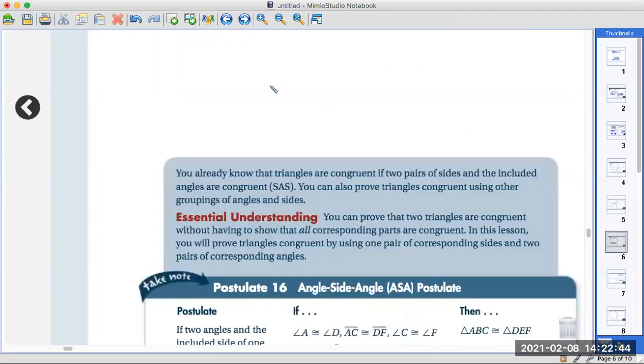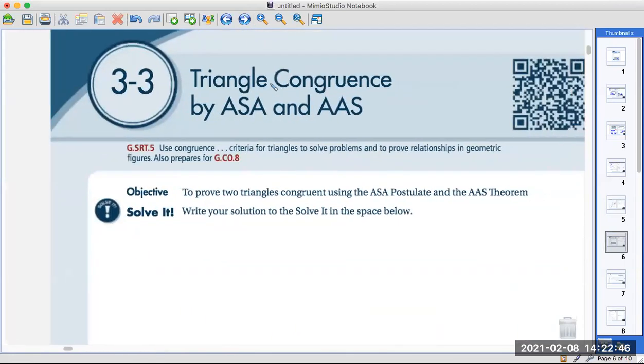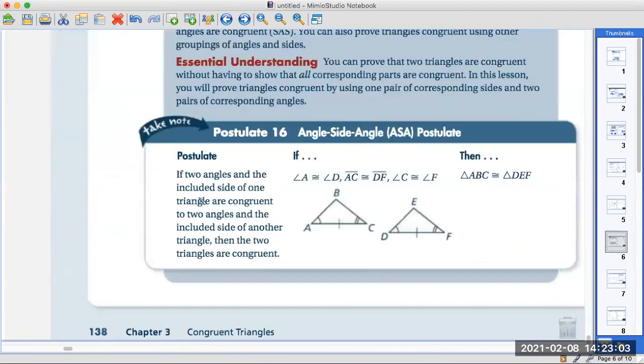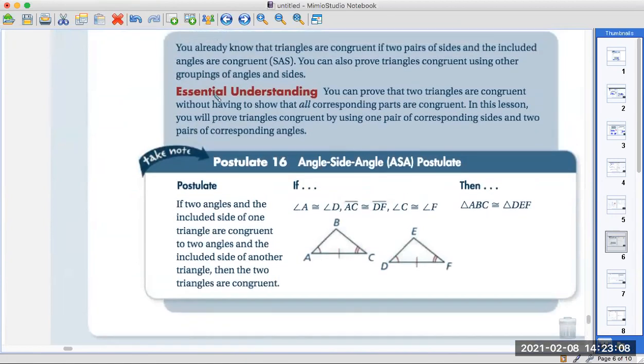Okay, we're moving on to 3.3, Triangle Congruence by ASA or AAS. Now, these are the 4 that you need to know. You need to know SSS, side angle side, and then you need to know ASA and AAS. Those are the other 2. So go back down here to your box. Let's read.